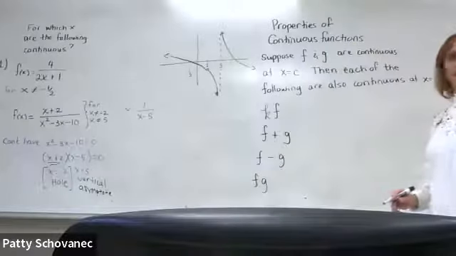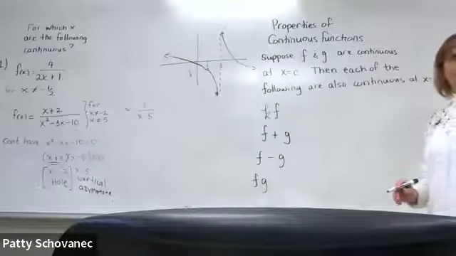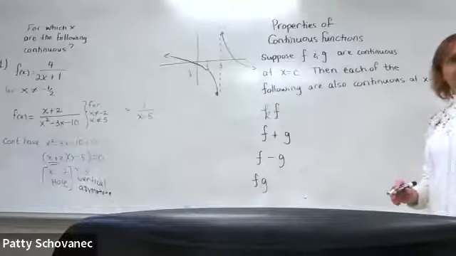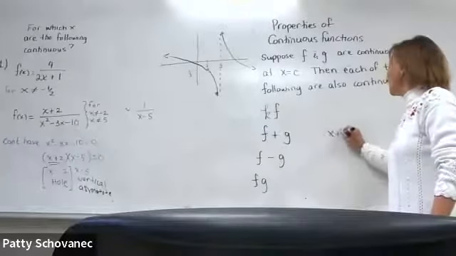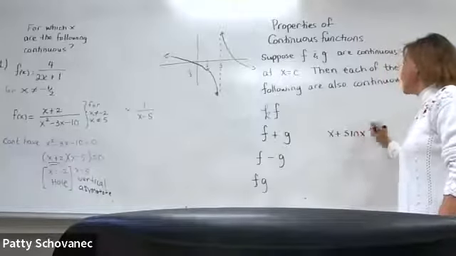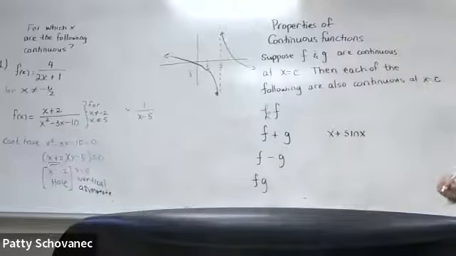For example, y is equal to x is continuous for all x. Y is equal to the sine of x is continuous for all x. So x plus the sine of x as a function is continuous for all x.